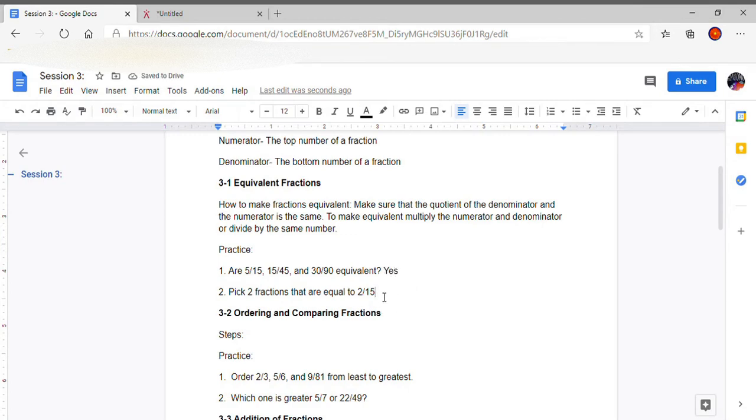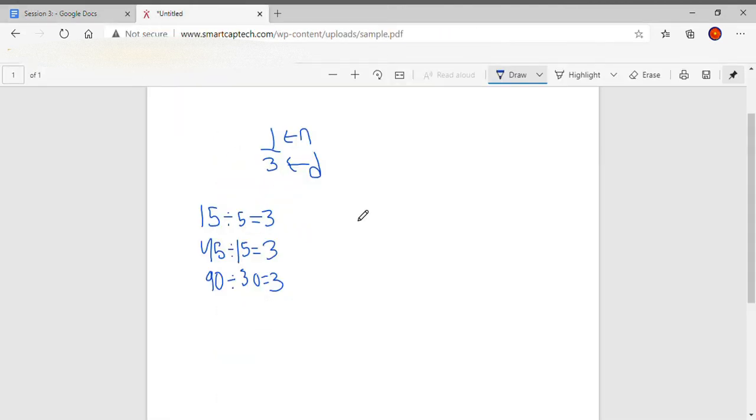Number 2, pick two fractions that are equal to 2 over 15. So now this time we have to either divide or multiply. We can't really divide because these numbers have nothing in common besides 1. So like the greatest common factor, as we learned earlier, is 1 between them. So let's multiply, start with 2. So that means this is equal to 4 over 30.